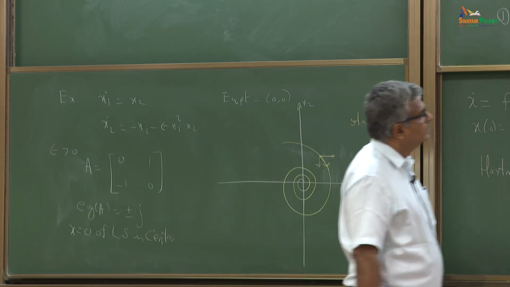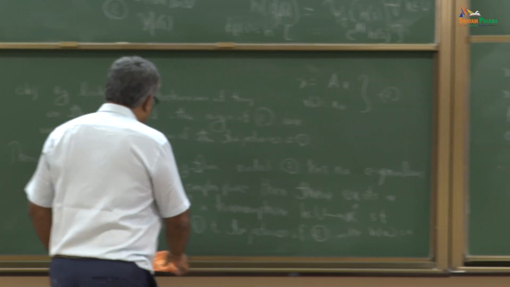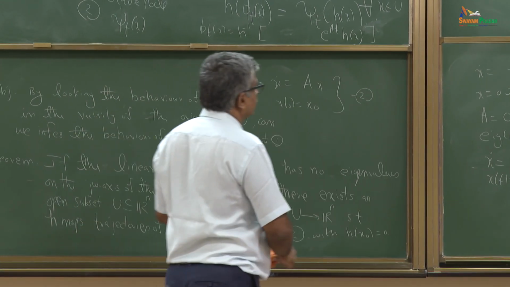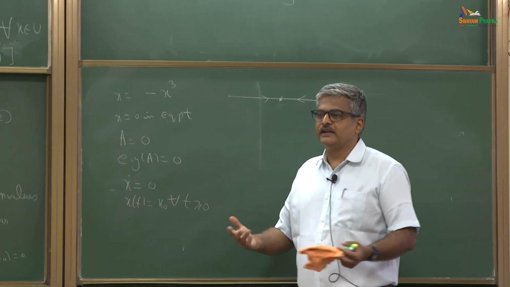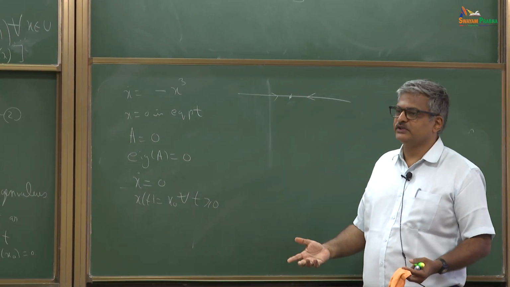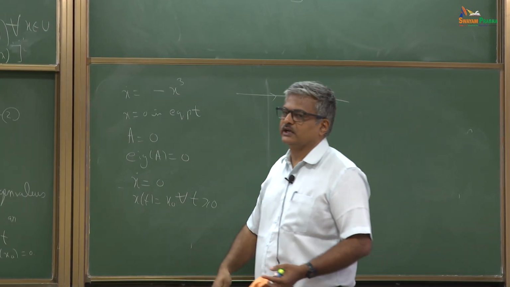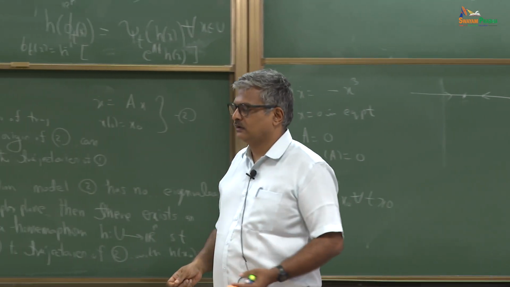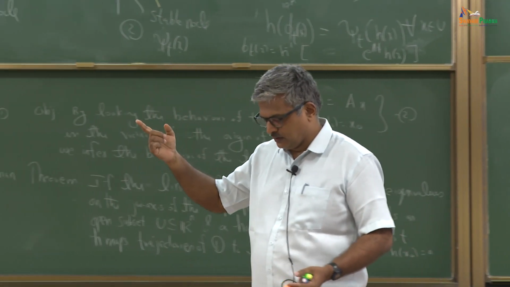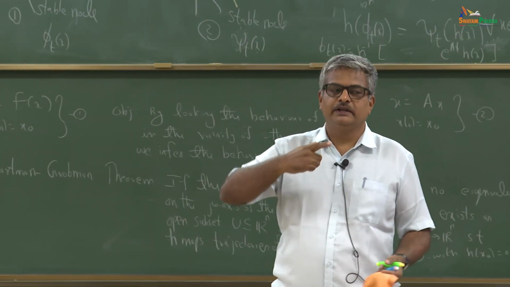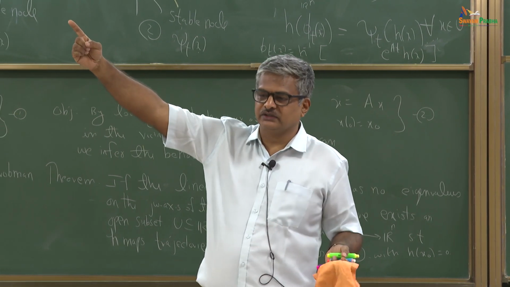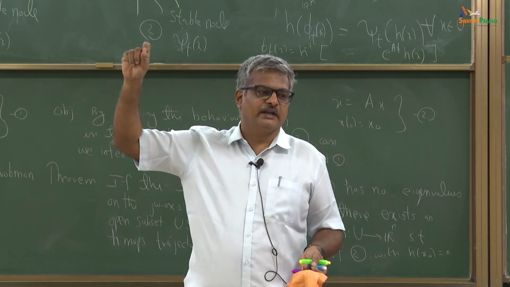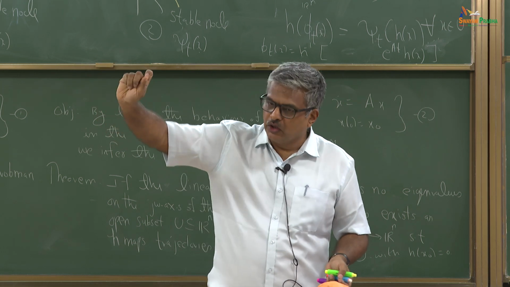We also saw that the eigenvectors are invariant subspaces. That means if you start an initial condition on an eigenvector in the linear setting, the flow will be along that.